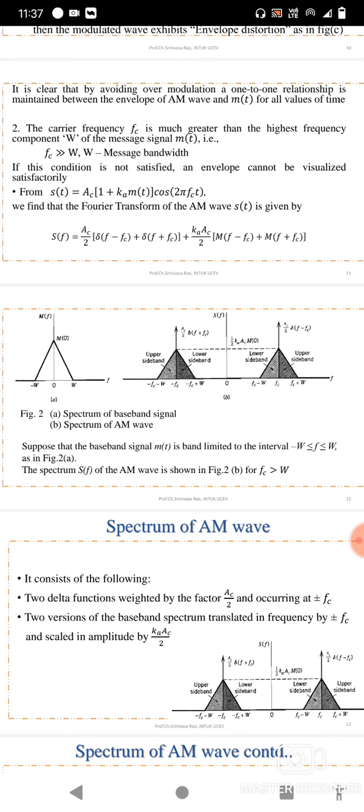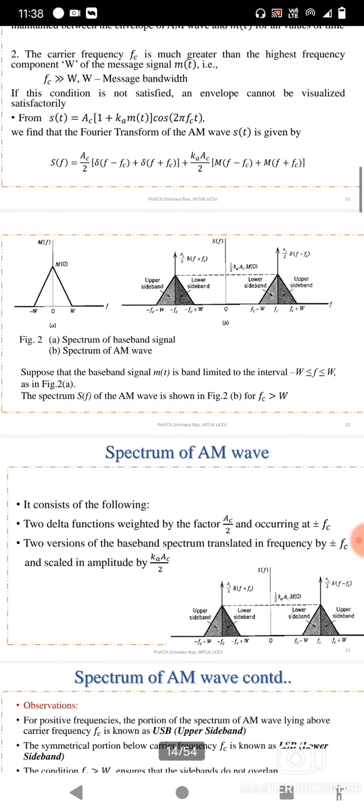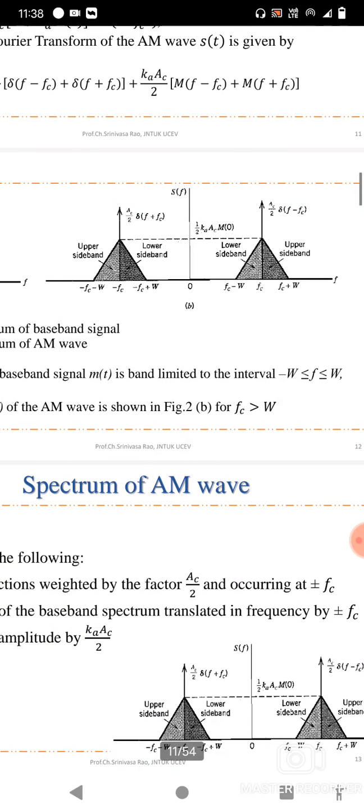So the spectrum S of f of the amplitude modulated wave is shown in figure B, with fc greater than omega. So observe this. This is the upper sideband and this is the lower sideband.